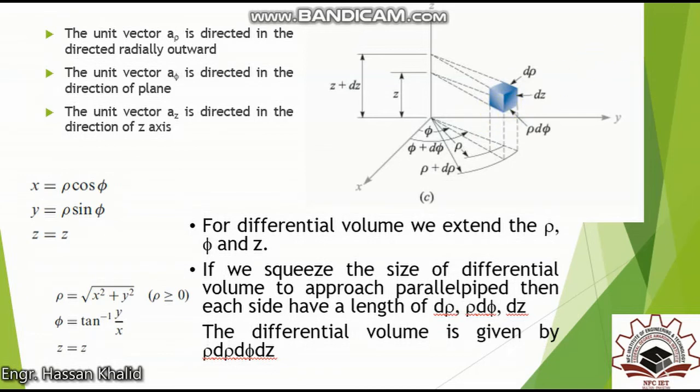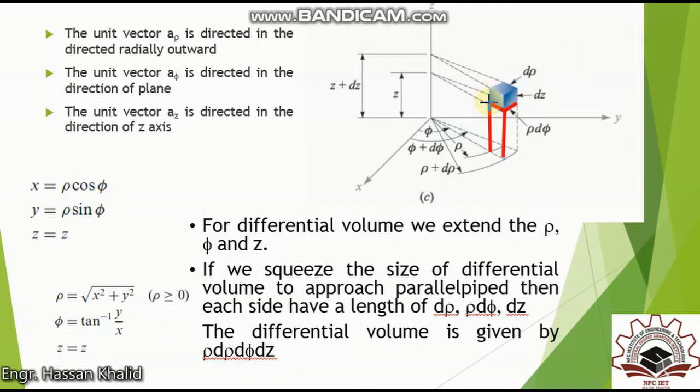Now let's consider one side of this tube. At this point, let's say the length is rho. The incremental length corresponding to this side will be d rho, and if I move from this point having the angle phi, a small increment in the angle will be d phi.